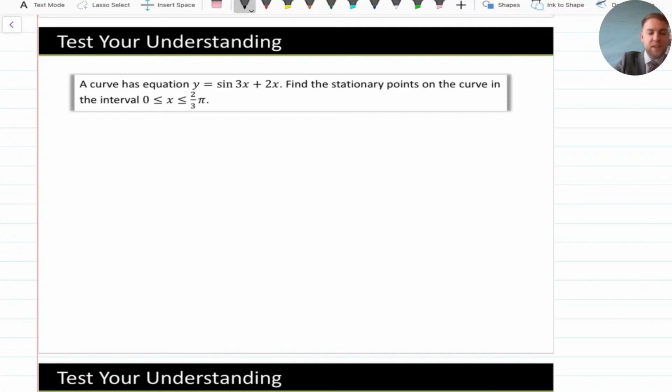Have a little go at this one yourself. I'll give you a couple of minutes or so, and then I'm going to go through it.